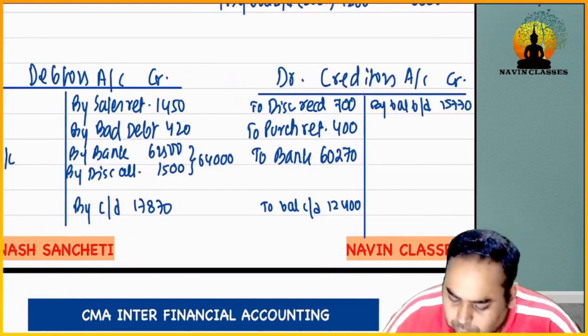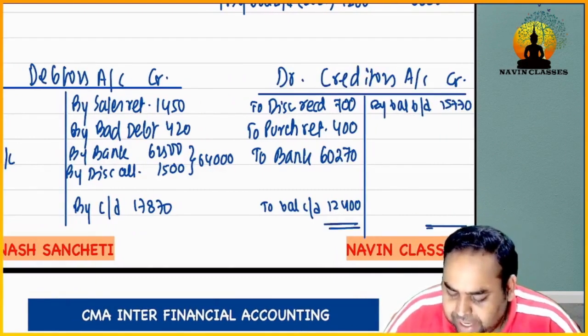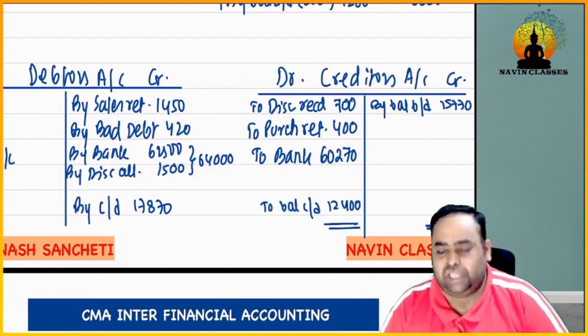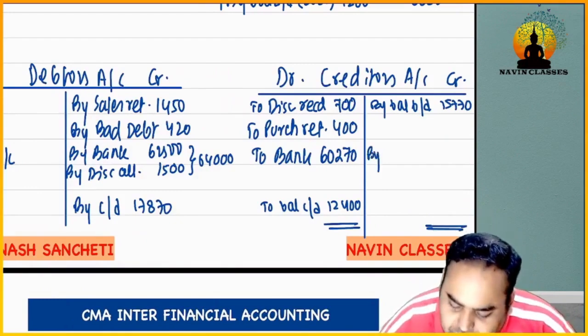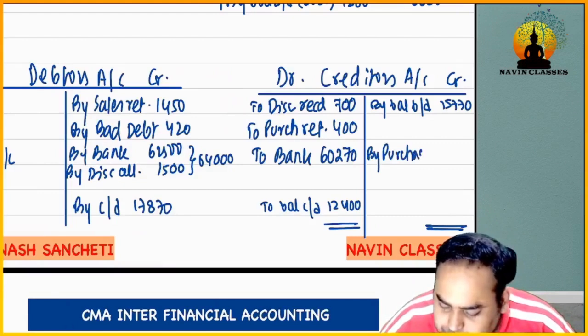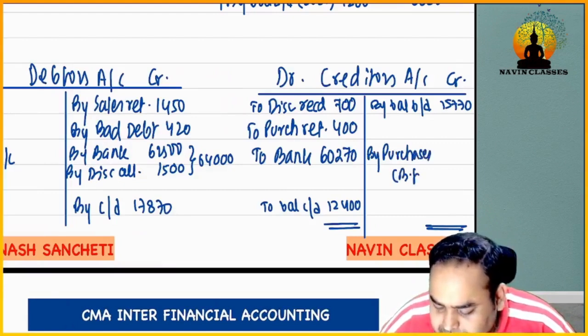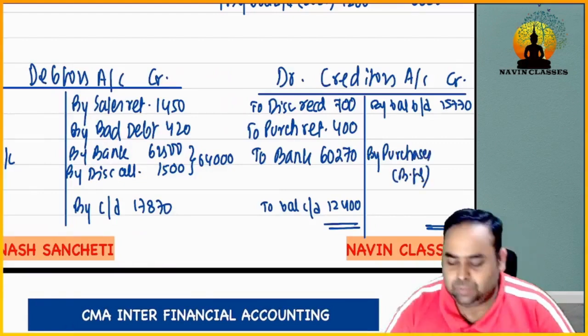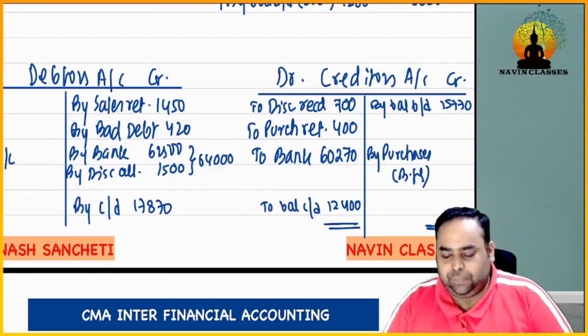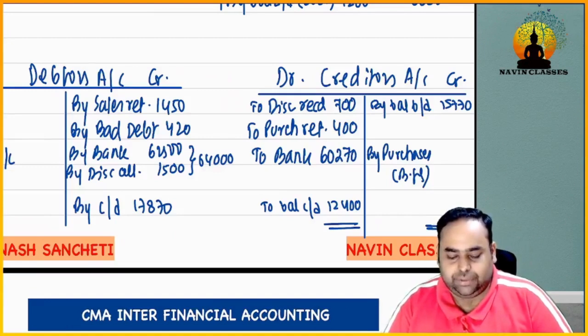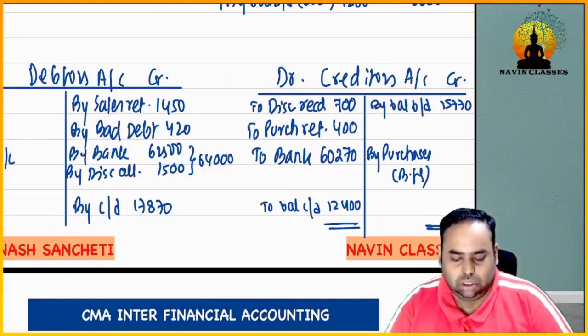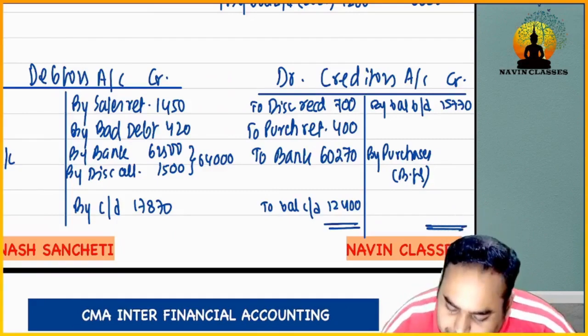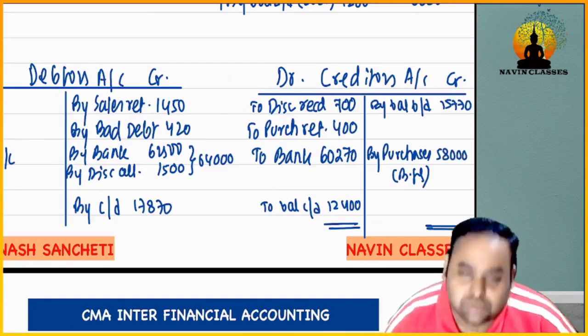In the creditor account, the opening, payment, discount, returns and closing are given. So from here, I can quickly calculate the purchases. We will get the purchases from the creditor account quickly. From the creditor account, the purchases are coming as 58,000.